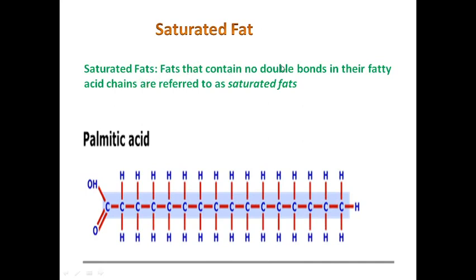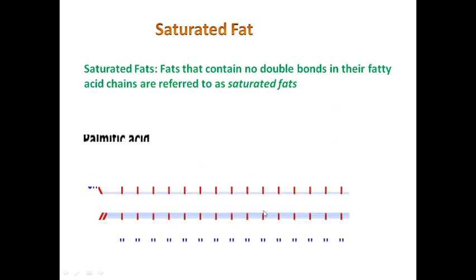Saturated fats that contain no double bond in their fatty acid chains are referred to as saturated fats. So this fatty acid is palmitic acid. It contains no double bond in this aliphatic carbon hydrogen chain. So the fat which will be formed from this palmitic acid will be a saturated fat. I hope this is clear to you.